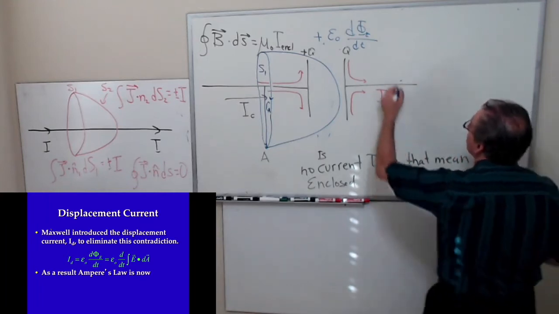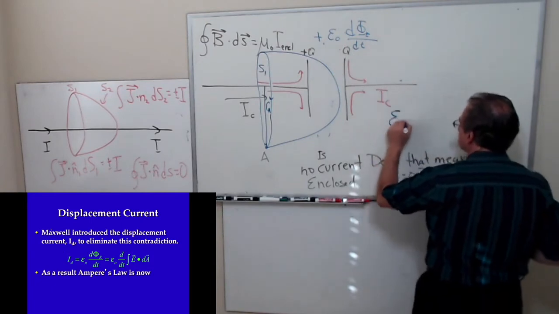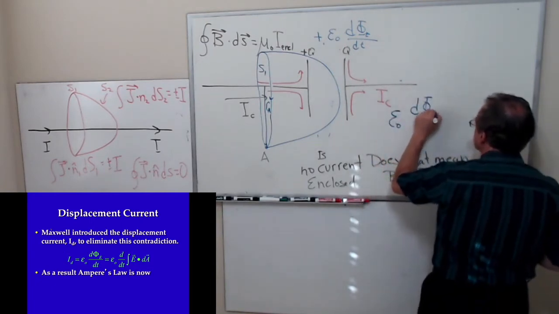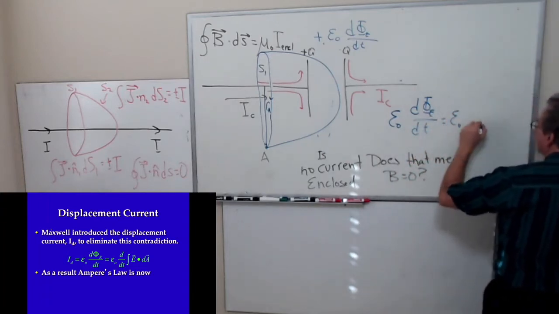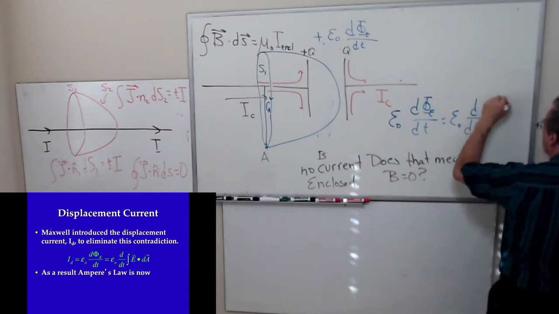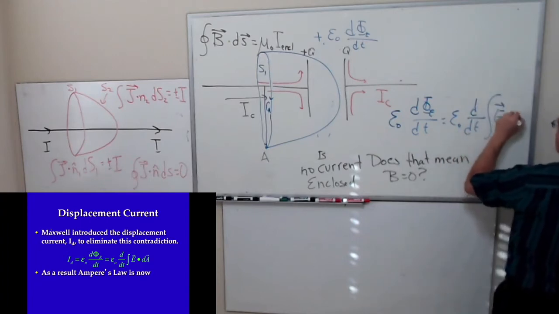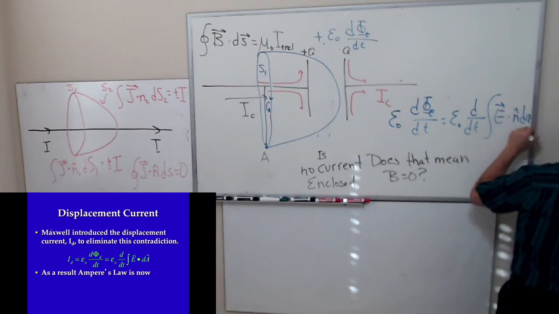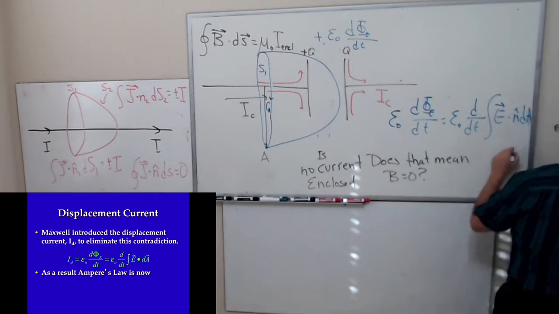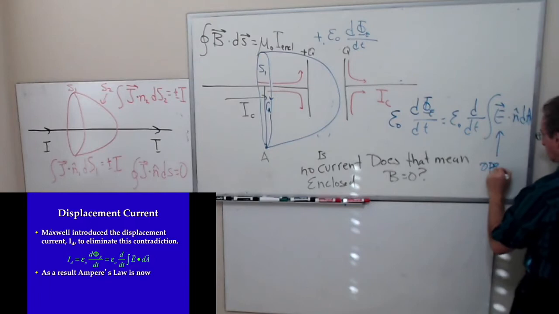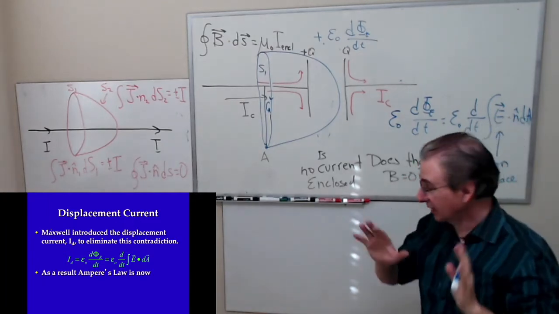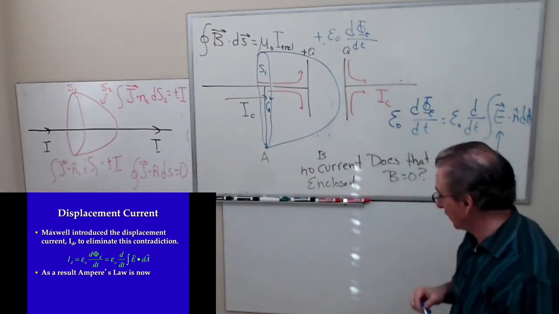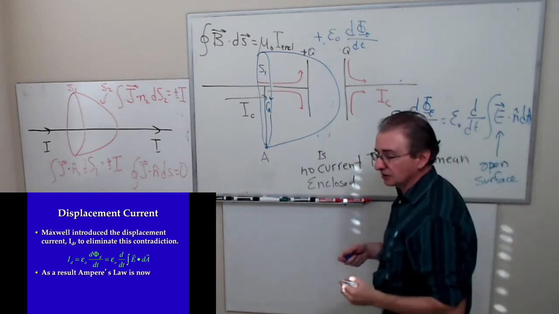Which is the same as this term here, is the same as this. And this is an open surface. And he was using the idea, this is what he was looking at. He was saying, well, Faraday's law looks like this.